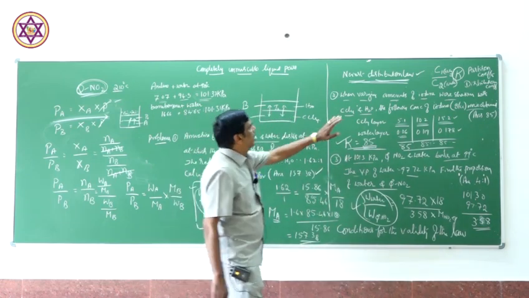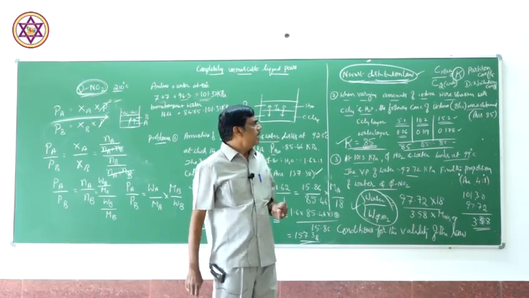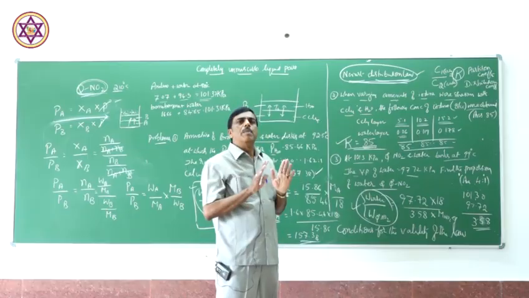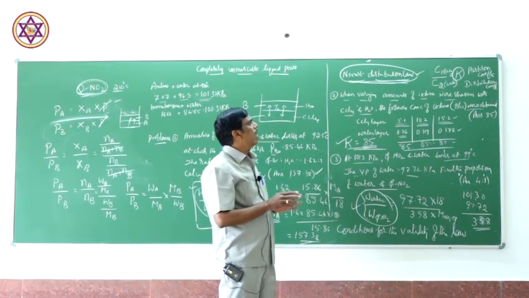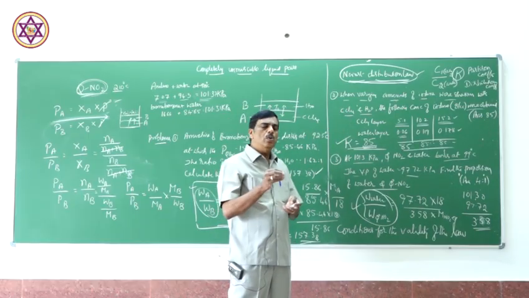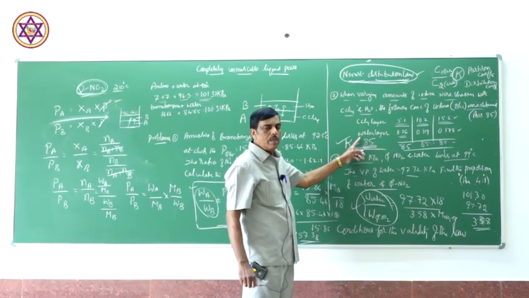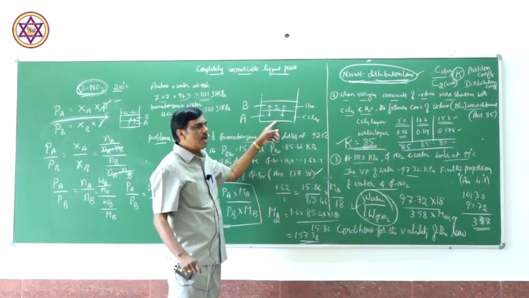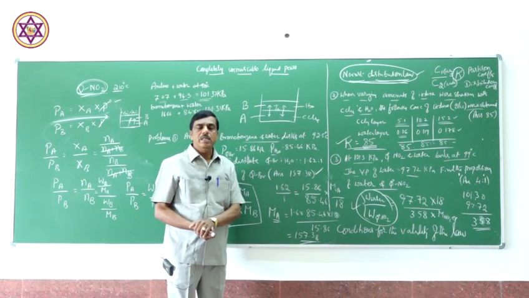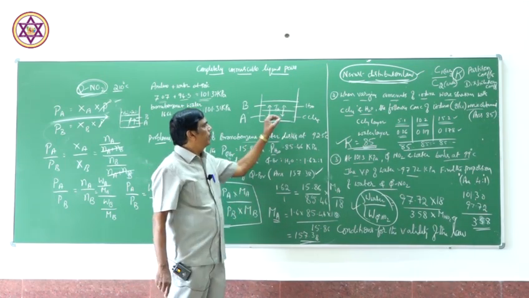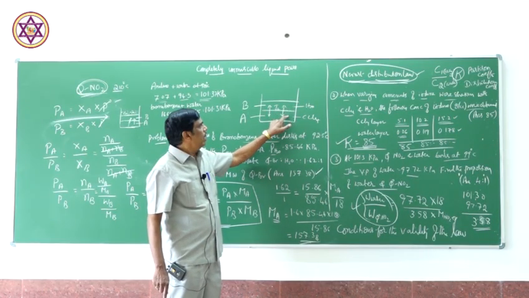Now the conditions for Nernst distribution law to be obeyed: the two liquids must be completely immiscible, and temperature should be constant, and you have to use a little amount of the solute, which is soluble in both the solvents A and B. Another important thing is that the solute should be in the same state in both the phases, both the layers.